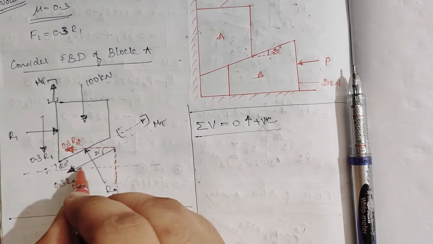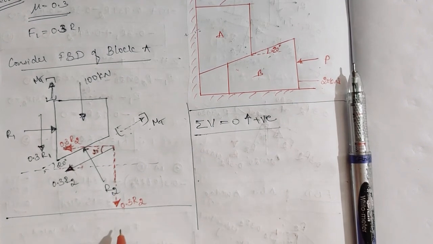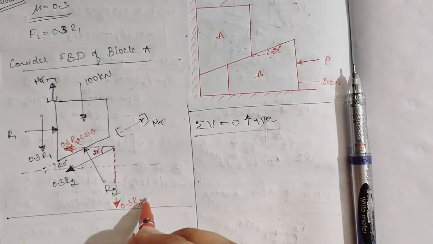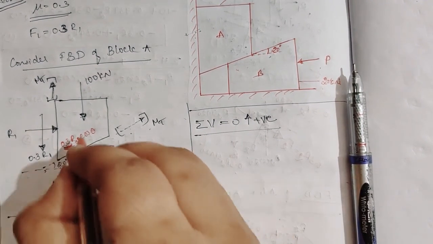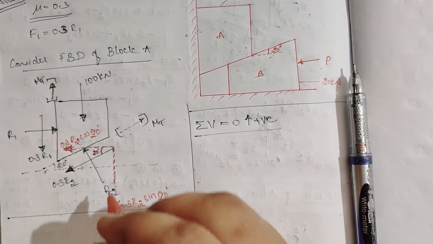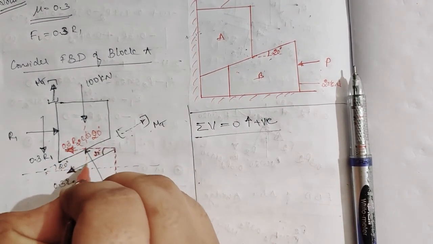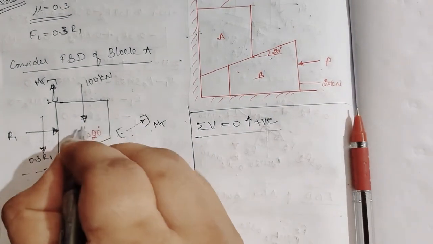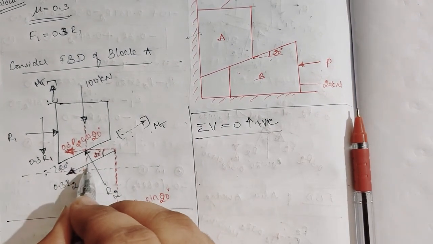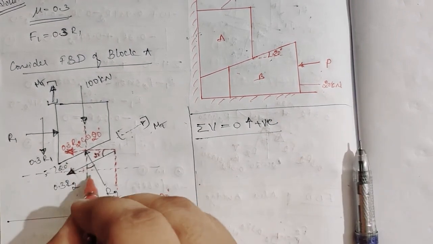So this is 20 degree, correct? Here also 20 degree because of alternate angles. With the angle it will be cos, and without the angle it will be sine. Cos 20 degree, sine 20 degree. Then another inclined force is this R2. When I take the vertical forces, the angle here will be 20 degree.